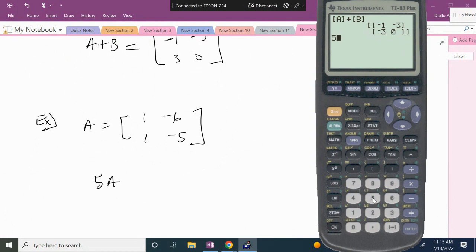Since I already have matrix A in the calculator, I'm simply going to take 5.